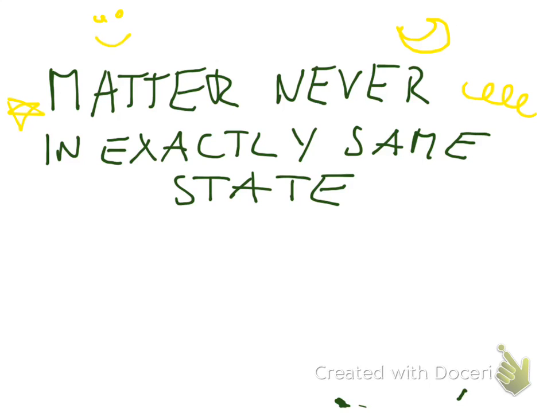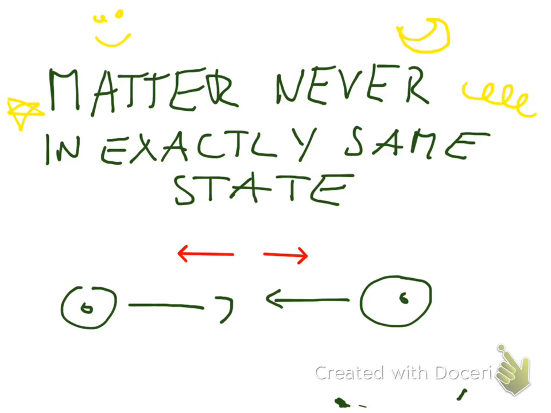what the difference between these two kinds of particles, namely the ones that constitute matter and the ones that carry forces, is that matter particles can never be in exactly the same state.